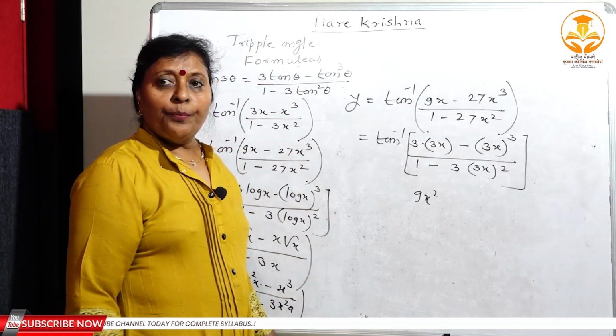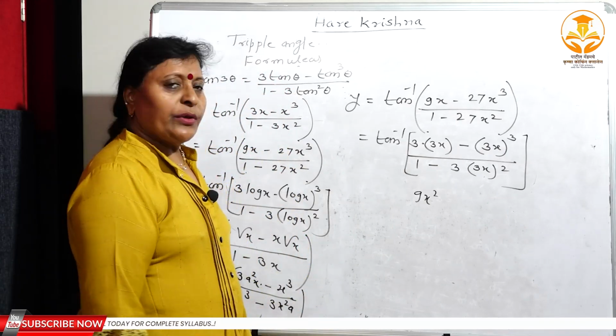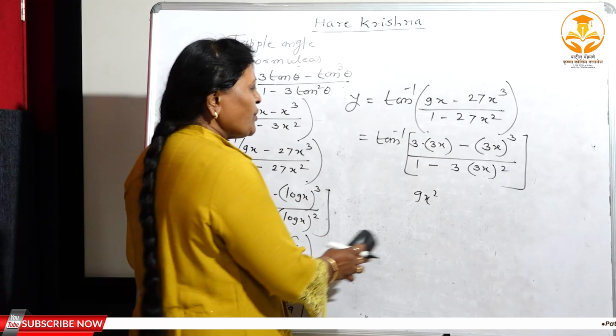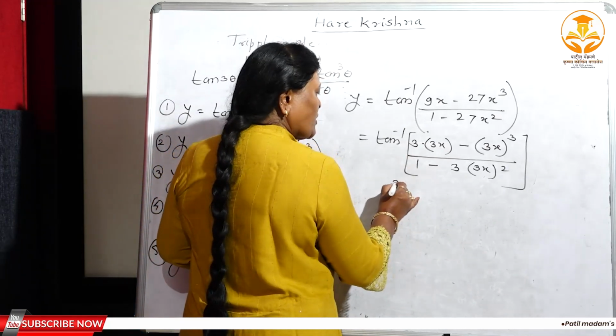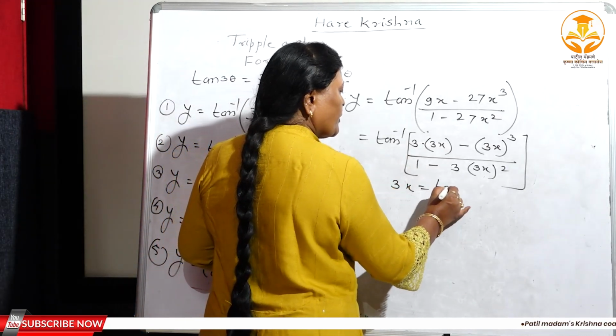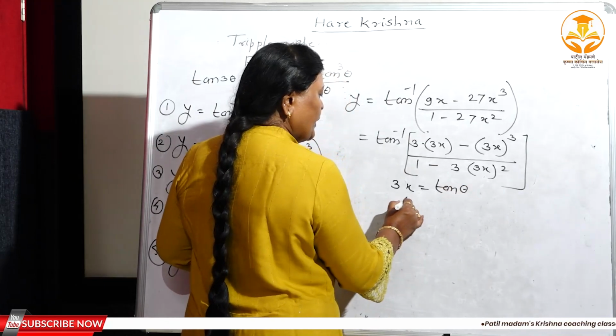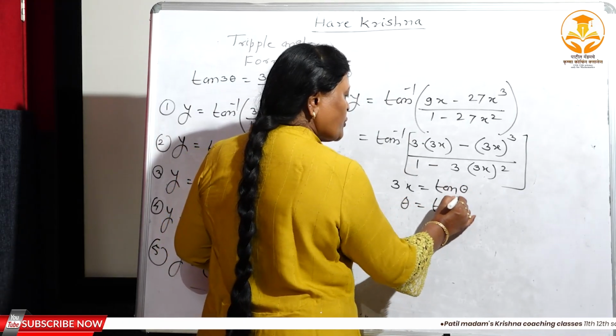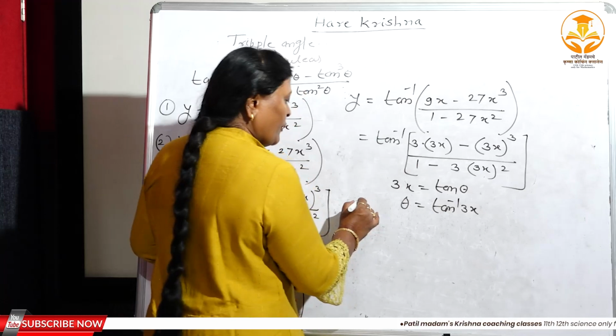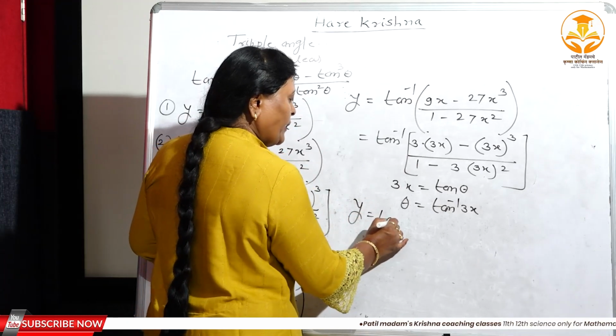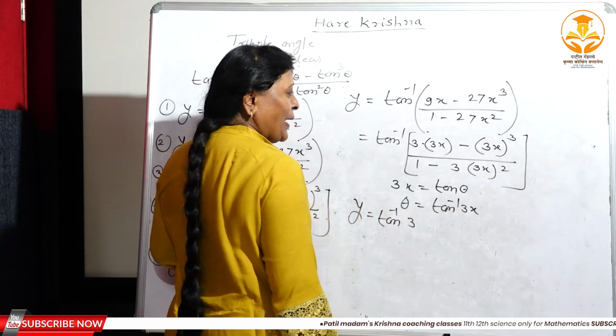In this way, you have to manage the problem according to the formula. Now where you can substitute, it's very easy. In place of 3x, you can substitute tan theta. Therefore, theta is equal to tan inverse of 3x, right? Therefore, y is equal to tan inverse. This 3 remains as it is.